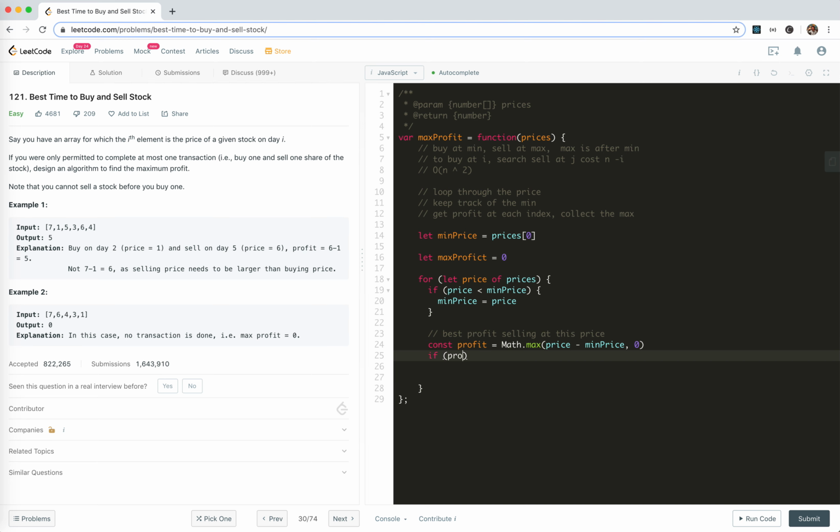So if profit is bigger than max profit, max profit equals profit, or max profit equals Math.max of max profit and profit. Pretty clear, right? Now we need to return the max profit.